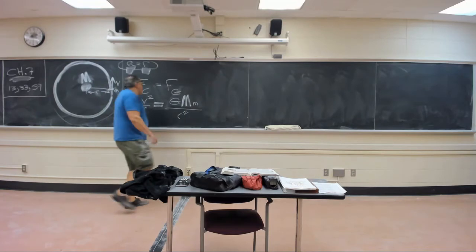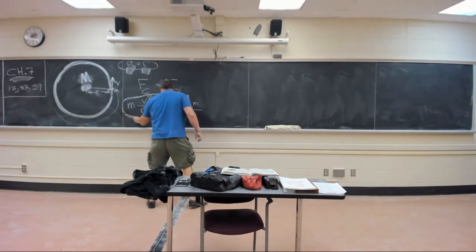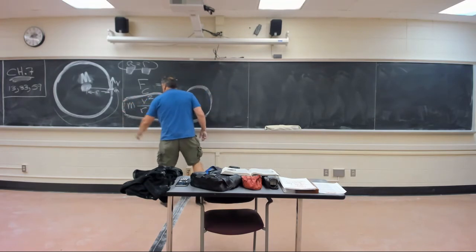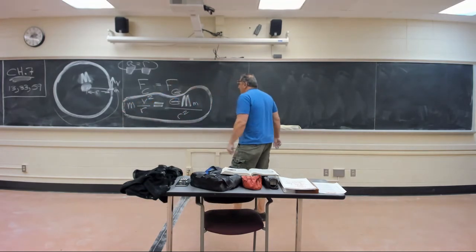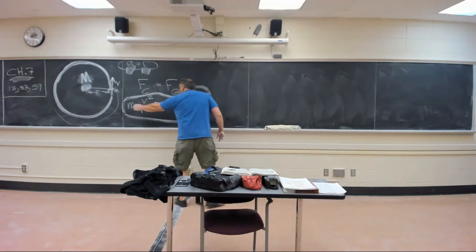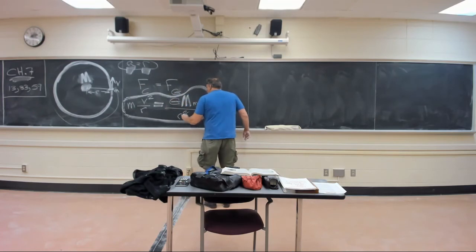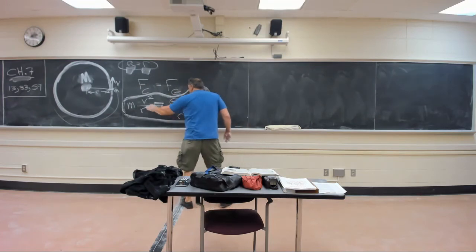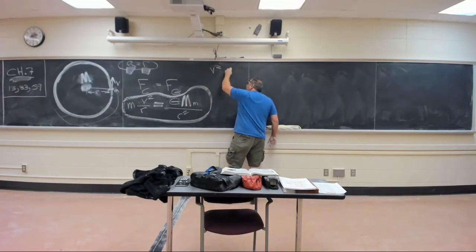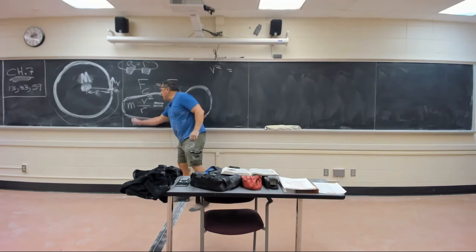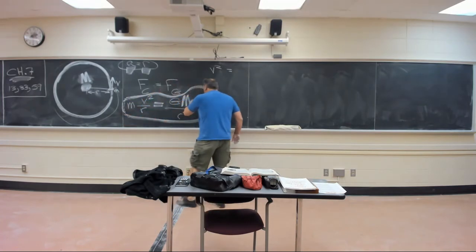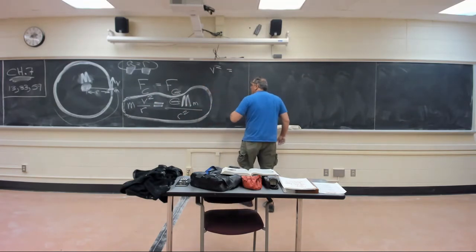Okay, look at that. Let me see if I can do anything about it. Let me divide by small m on each side, so this and this cancel, and multiply by r on each side.